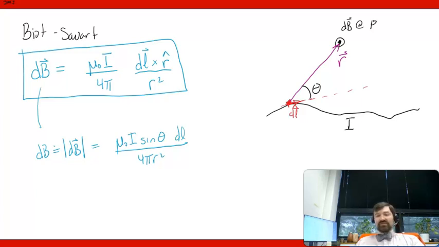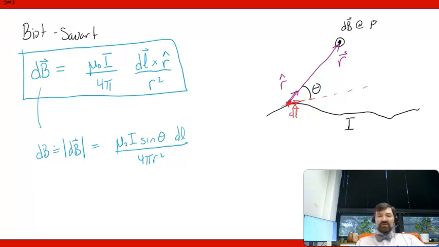So I've now defined all these things, and for completeness I could also define r hat. r hat is the vector that points along r but has unit length. So this is a cross product with r hat, not with r.